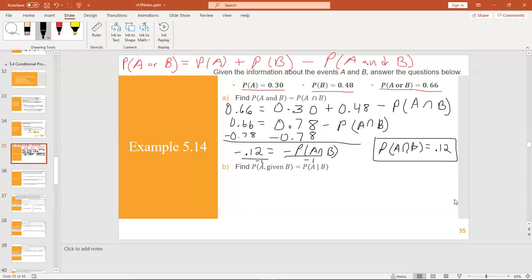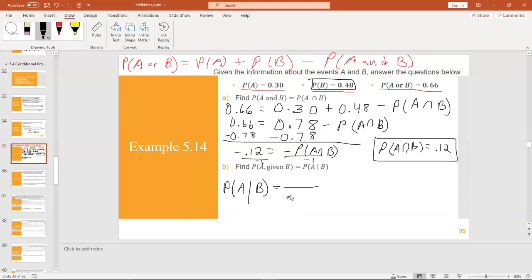So now we want to find the probability of A given B. We just saw the formula for that. Since B is the given, the probability of B is what's going to go in the denominator.